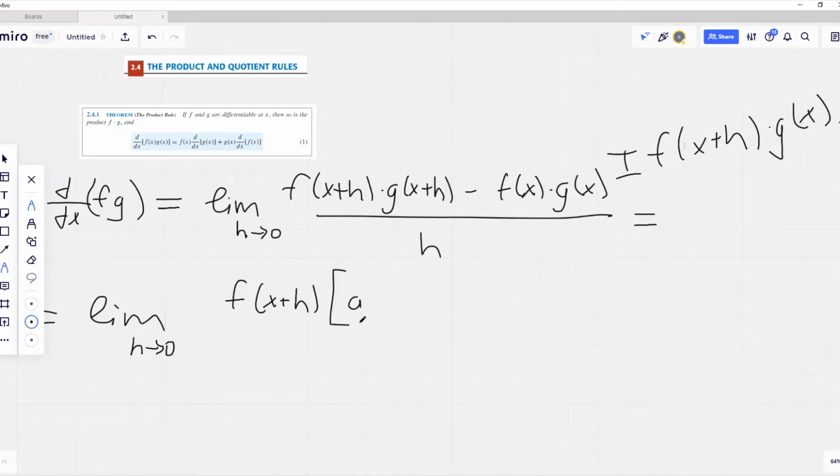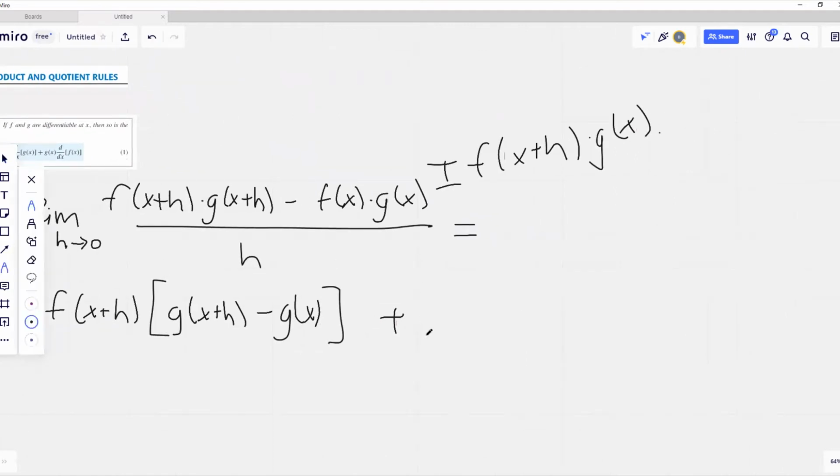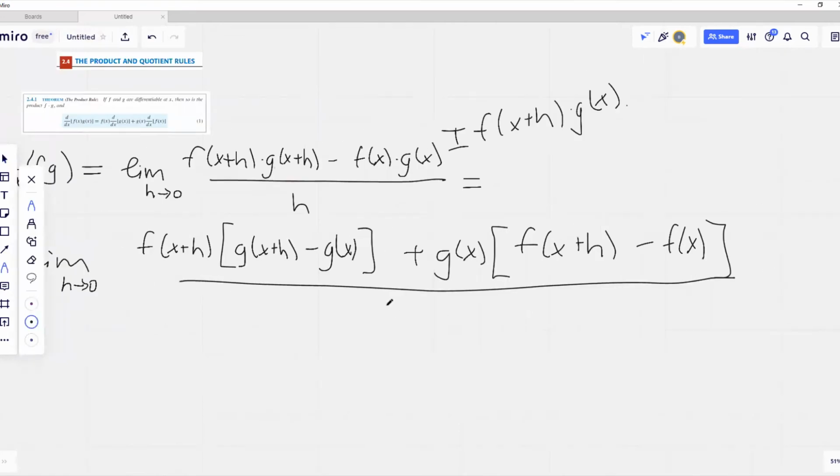So we'll be left with g at x plus h minus g of x. Next, we are left with plus f of x plus h multiplied by g of x and our second term here. Here we can factor out g of x, and we'll be left with f of x plus h minus f at x. All right, everything divided by h.